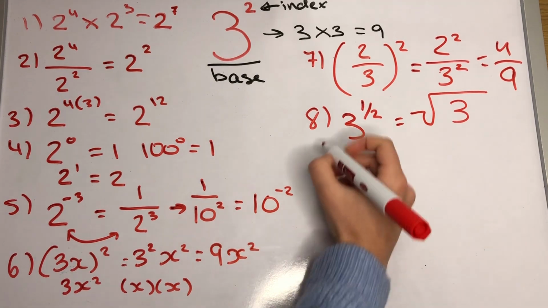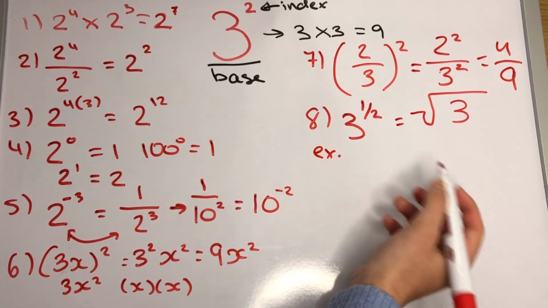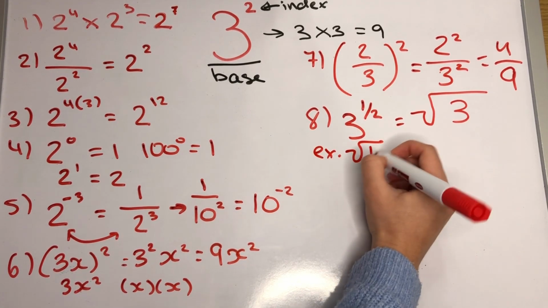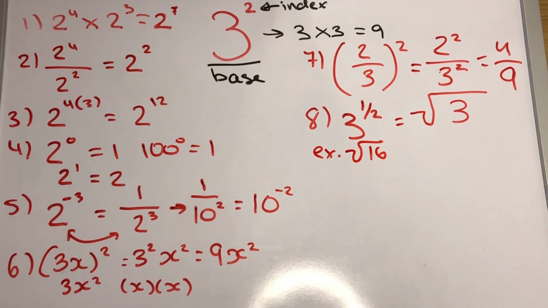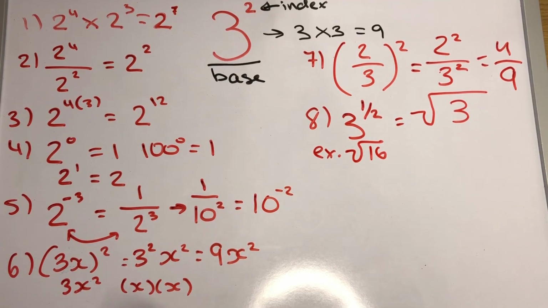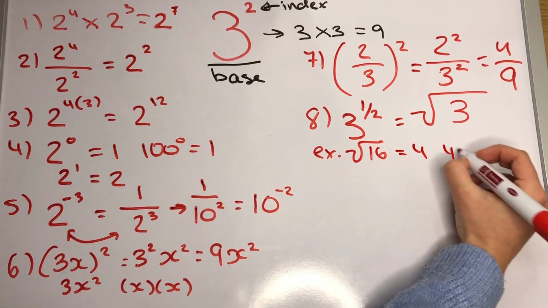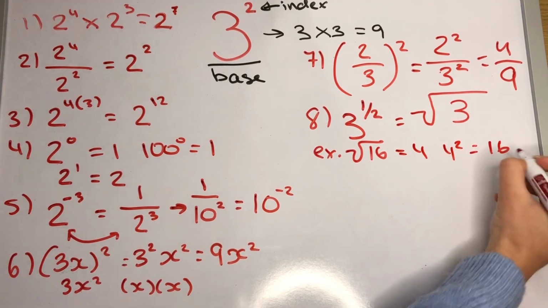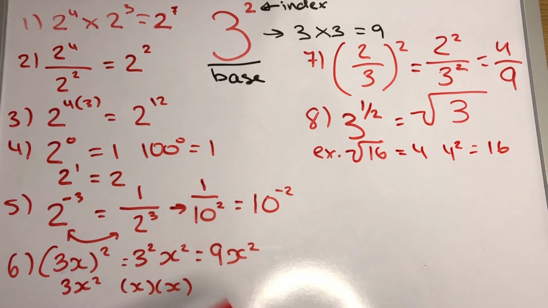So, for example, if we have the square root of 16, we have to ask ourselves, what number, when squared, will give us 16? Well, that will be 4, because 4 squared is equal to 16, and that's the square root of 16. That's all it essentially means.